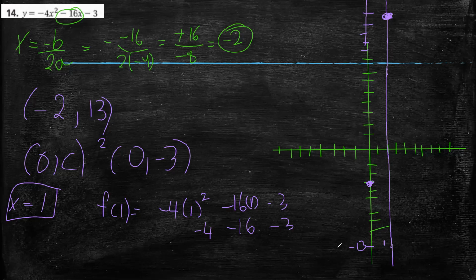Teacher, you must add them all. Yes, negative 23. Yes, that's right. Okay, I know. I don't know, there's something wrong.